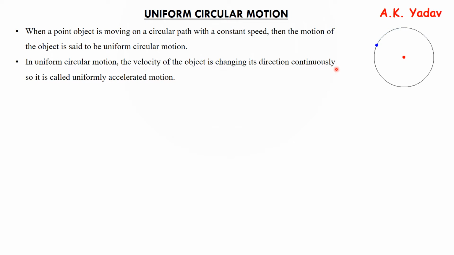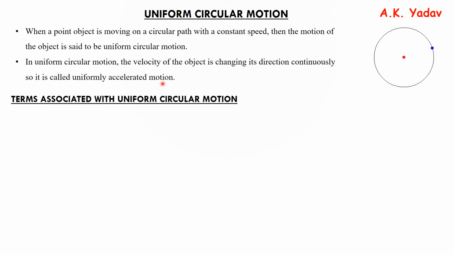Remember, the magnitude remains the same, but the direction is changing. That means the velocity is changing. That's why this motion is called accelerated motion, because acceleration is there in this motion because of the change in direction.